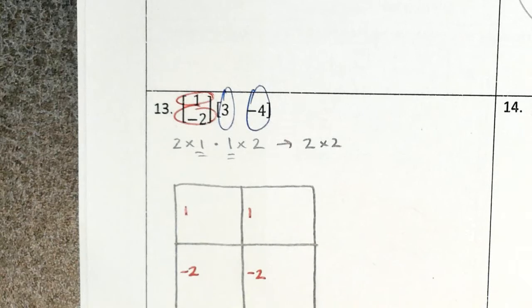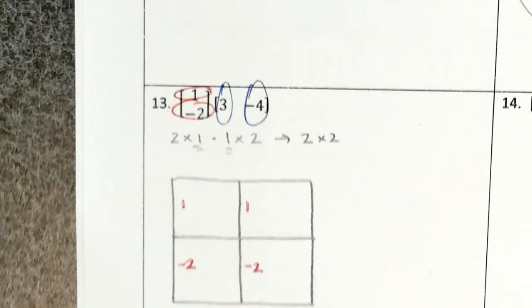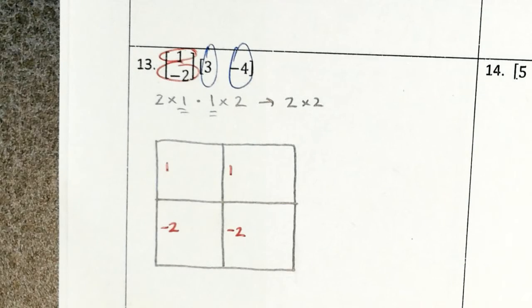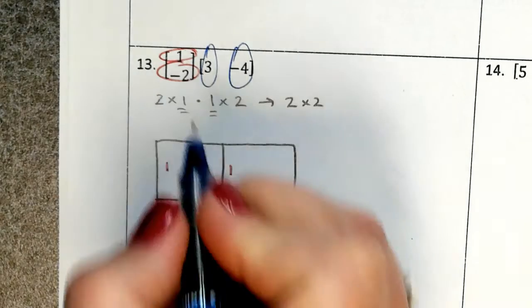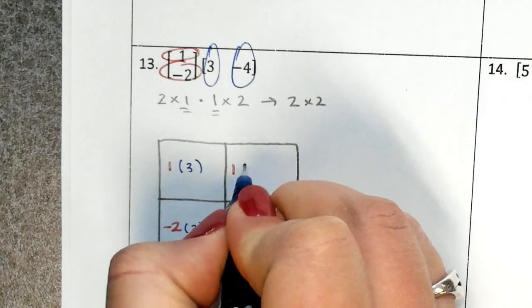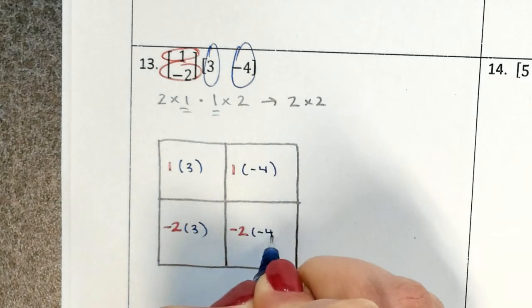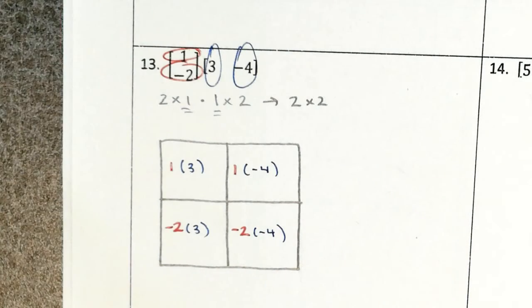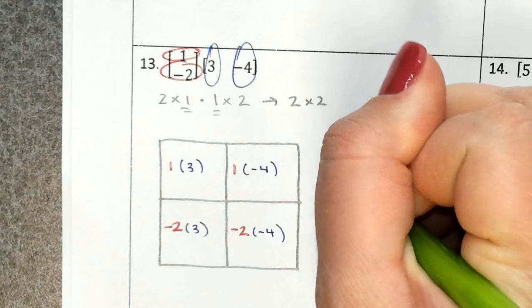Since I only circled one number at a time, I'm only going to have 1 pair of numbers in each of these boxes. In the first column, I have the number 3. Second column, I'm going to use the number -4. And from there, I can get my answer.